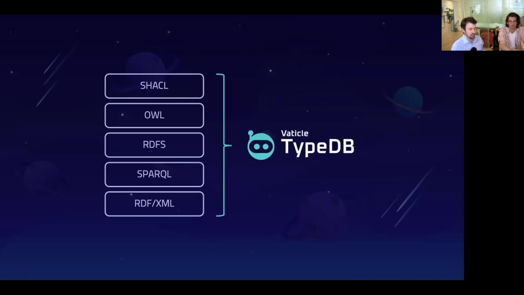And so what we built with TypeDB is software that in the most fundamental ways does what you need to do when you're modeling and working with complex data, what a semantic web architecture will try to do.